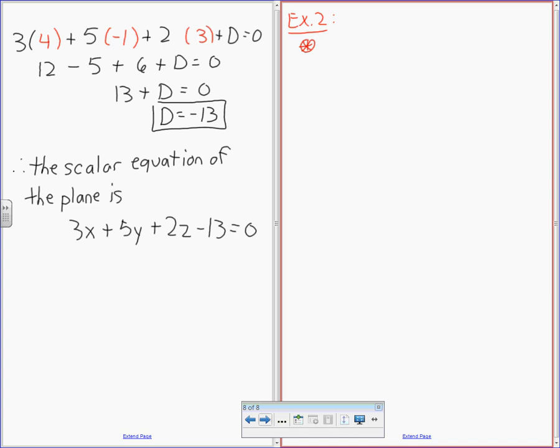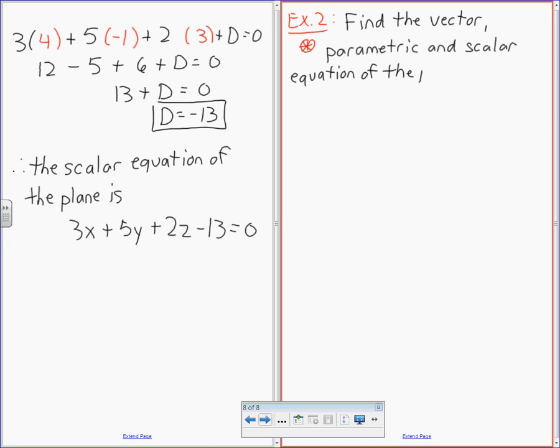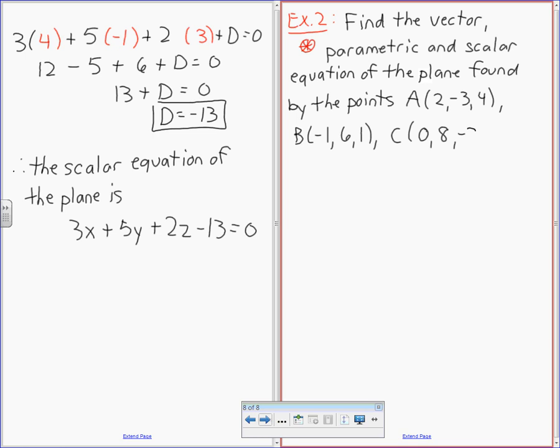Example 2 says, find a vector, parametric, and scalar equation of the plane found by the points A is (2, -3, 4), B is (1, 6, 1), C is (0, 8, 2).